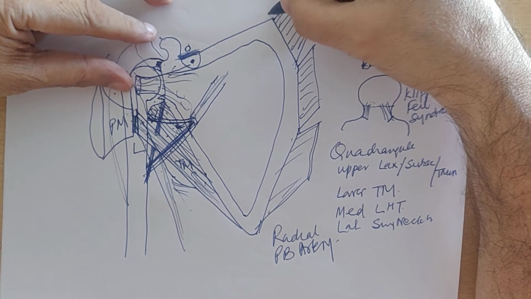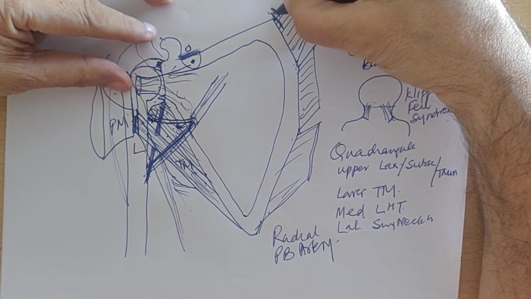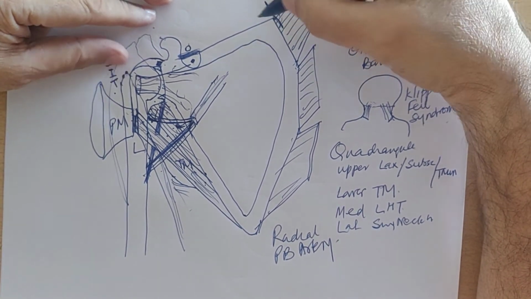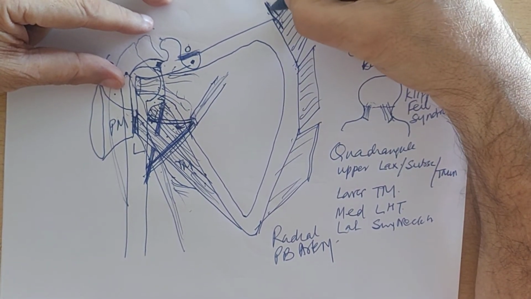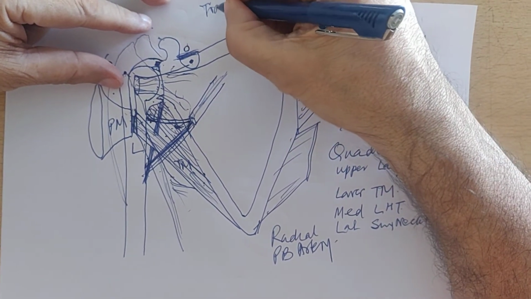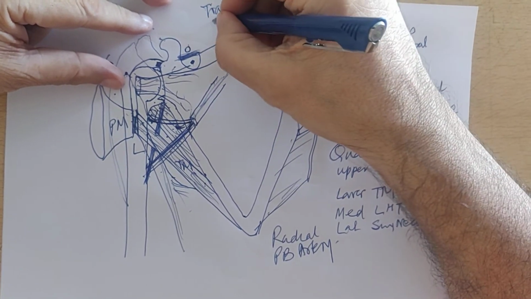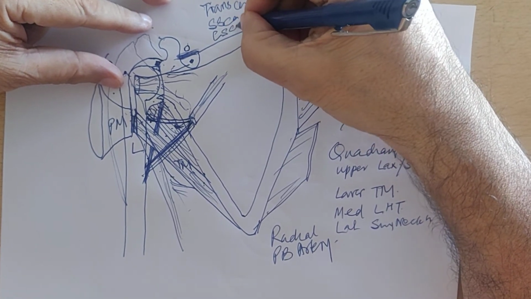And on the medial side, there is the transverse cervical artery, superficial and deep branch, which is a branch of the subclavian. So, three arteries anastomose around the scapula: the transverse cervical, the suprascapular, and circumflex scapular.